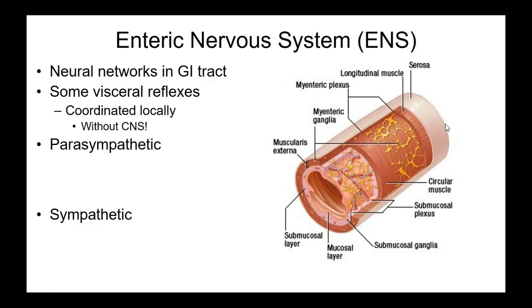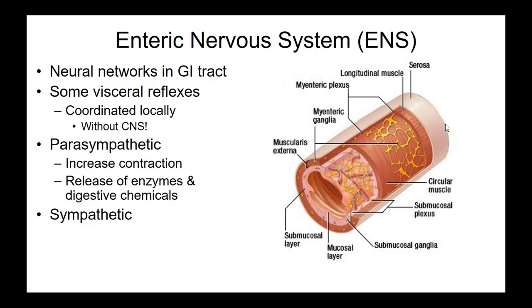All right? So here, parasympathetic, is that going to promote movement or digestion? Yes. Right? So here, increases contraction, release of enzymes and digestive chemicals, to be able to break things down. So here, sympathetic, though, is going to be doing the opposite. It's me putting the brakes on this, right?